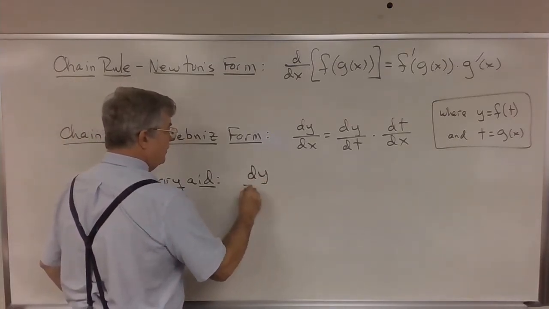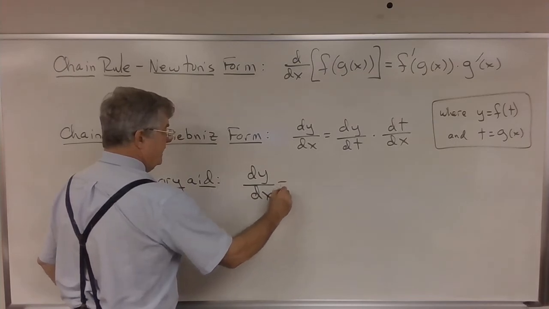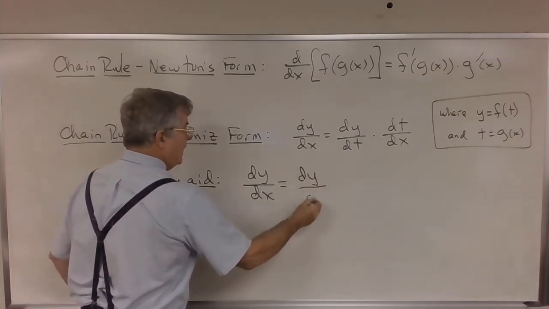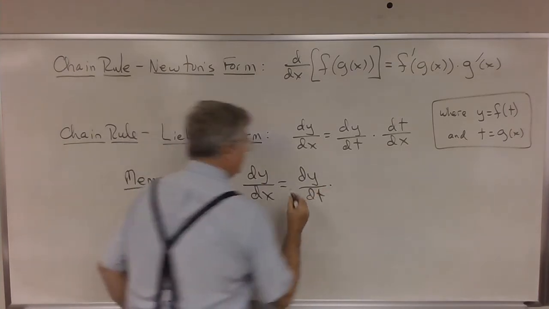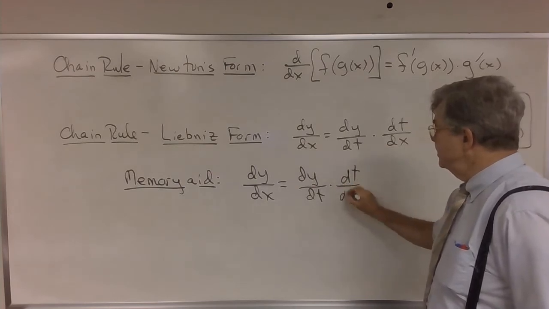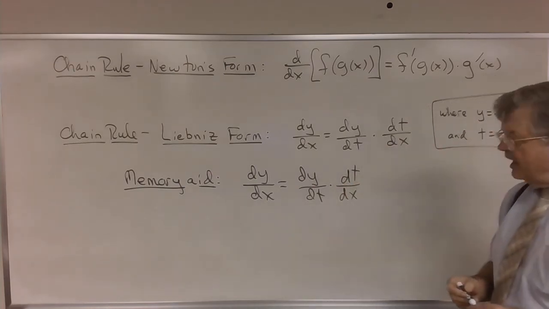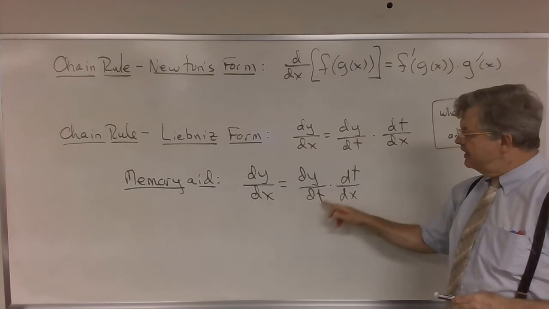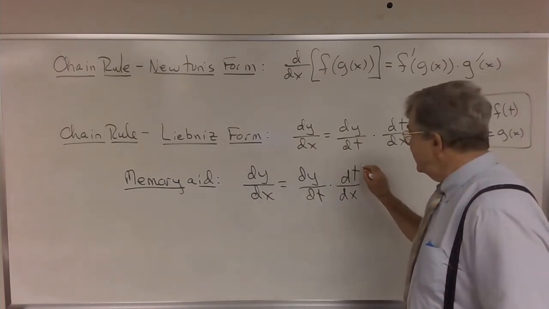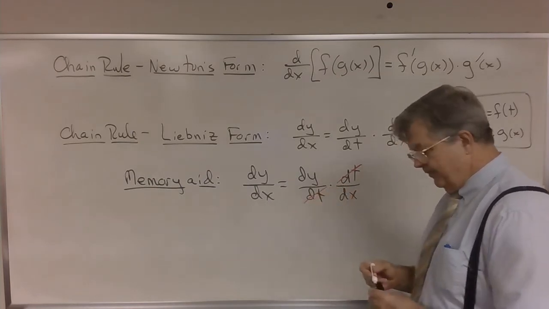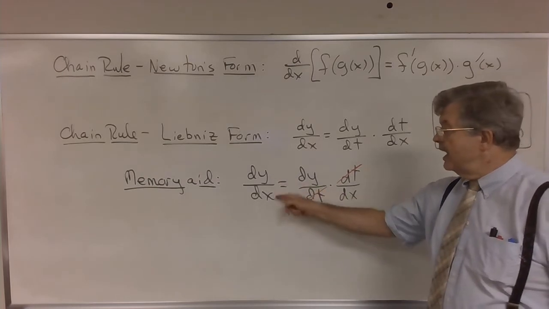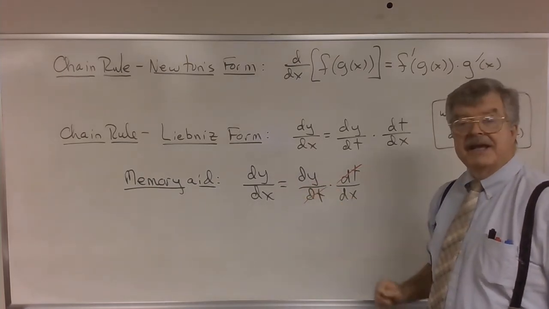Here's what I'm talking about. dy/dx equals dy/dt times dt/dx. Now, if we imagine these things to be actual fractions, then we can cancel out the common factor, and we have the same expression on both sides, dy/dx, dy/dx.